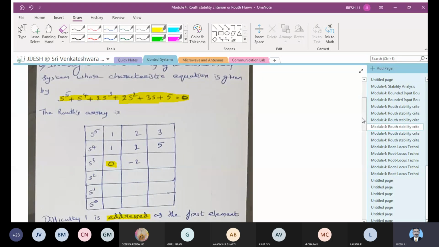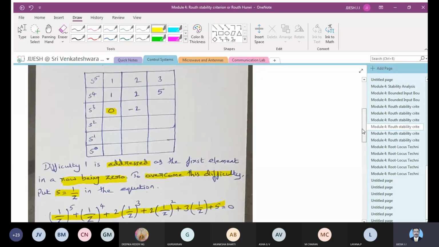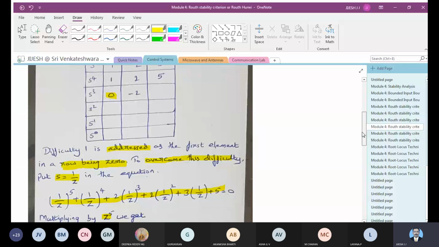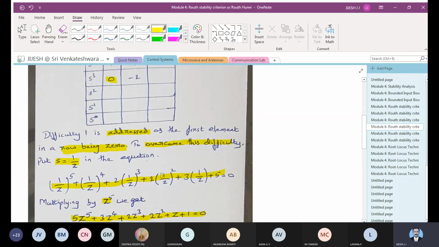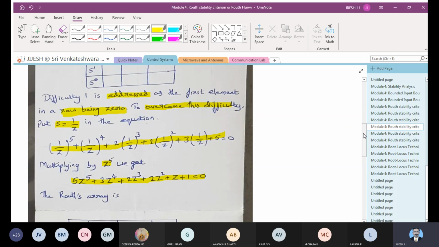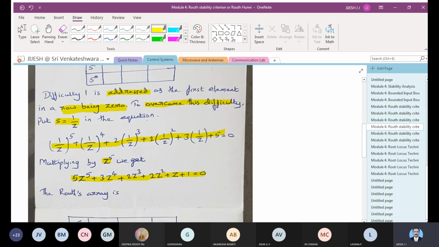So we have to use the first method, called the difficulty 1 method, that is substituting s is equal to 1 by z. So we have substituted s is equal to 1 by z, and then we have simplified it. We got the equation 5s raised to 5 plus 3s raised to 4 plus 2s cube plus 2s square plus z plus 1 is equal to 0.